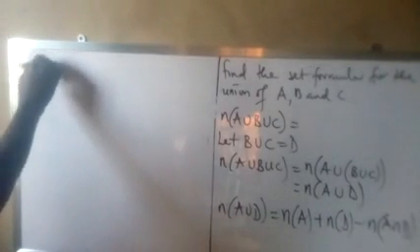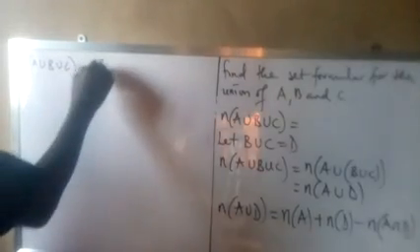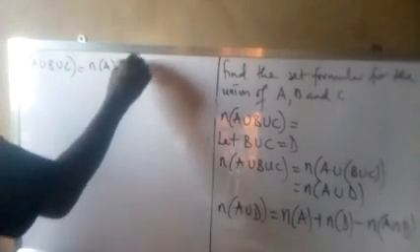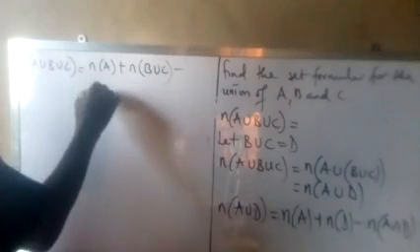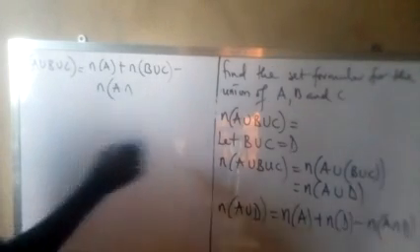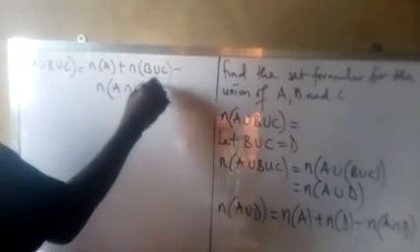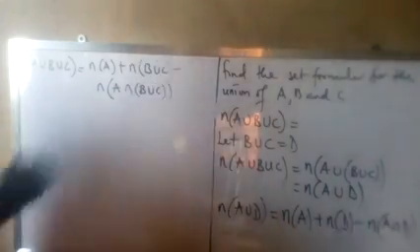the number of A union B union C, which is now equal to the number of elements in A plus the number of elements in B union C, don't forget, minus the number of elements in A intersection B union C. This I hope you are following.